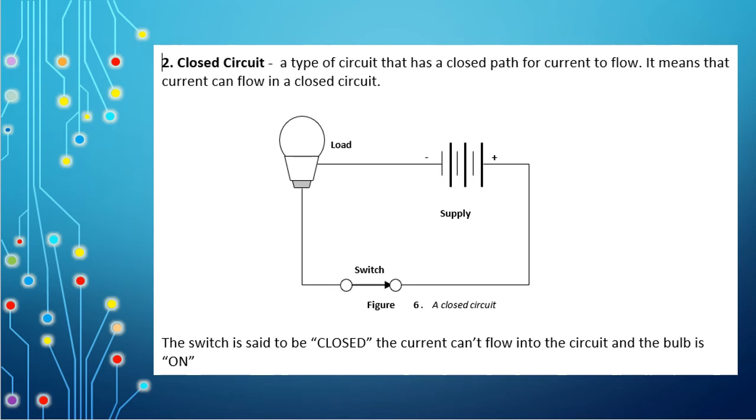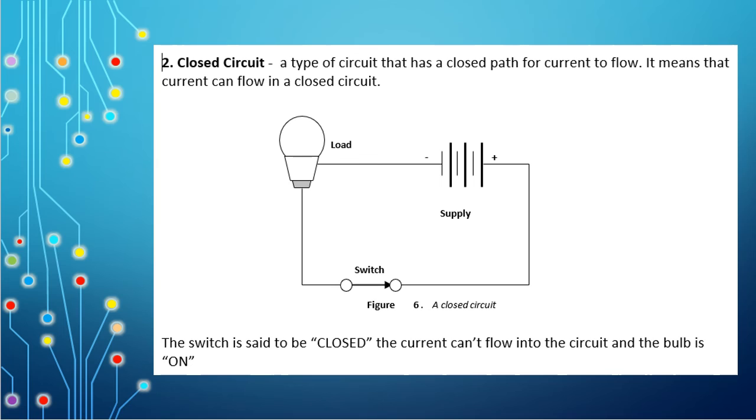So when we execute the closed circuit, it means that our bulb, the thing that consumes electricity, will work or give light.